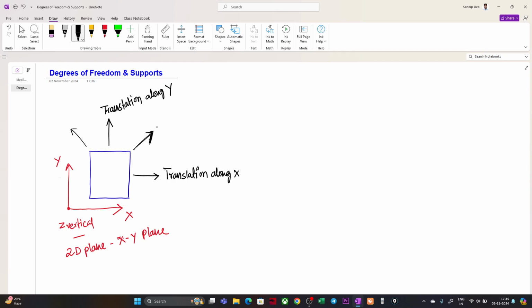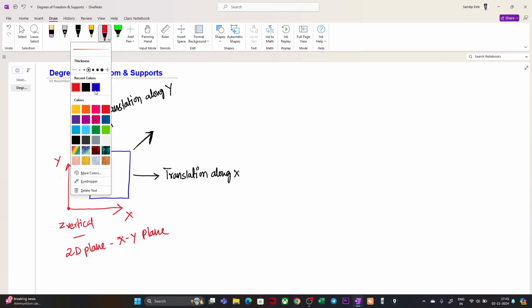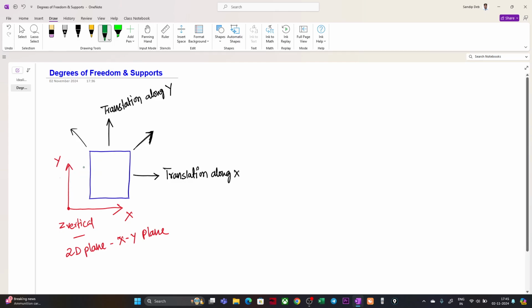So when we say independent coordinates, in this case it is either x or y. Or, this paper can also rotate like this. Suppose it is in the same place, not translated along x or y, but it is rotating.